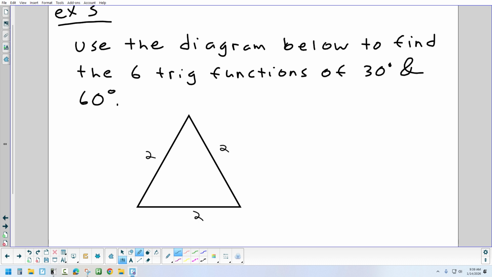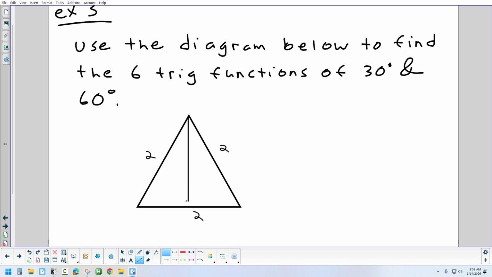Now, to do the kind of trig that we're doing, we need a right triangle. Is there a right triangle in that picture right now? No, I have to create one. How could I create a right triangle in that picture? And it's automatically going to be a 30, 60, 90 right triangle when I do it. Draw a line from the top angle directly down to the bottom side.